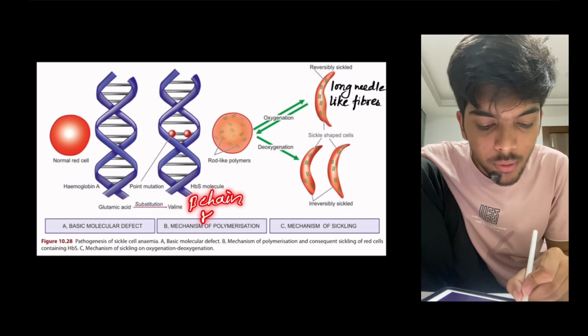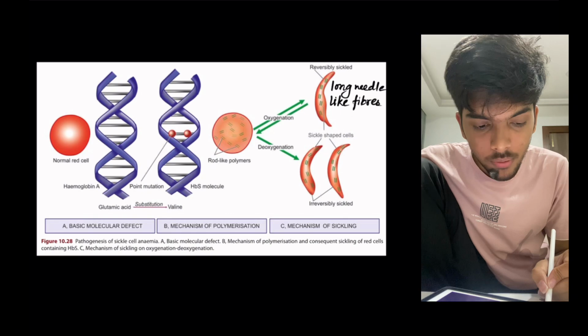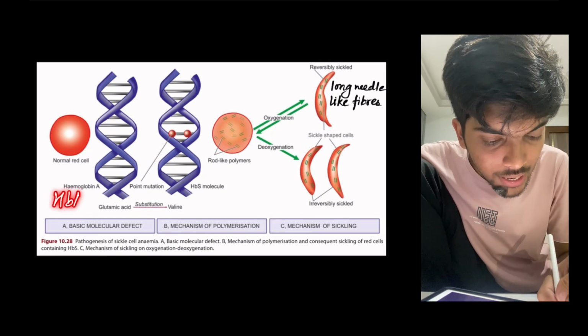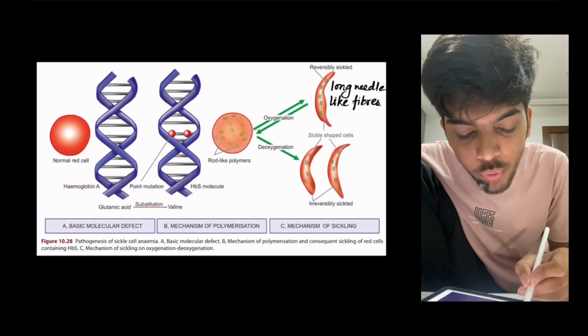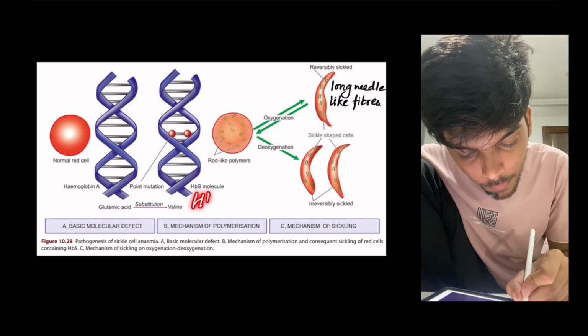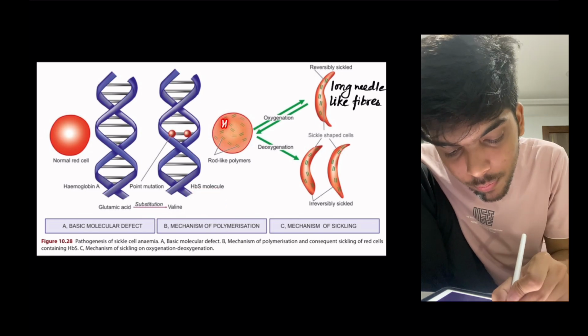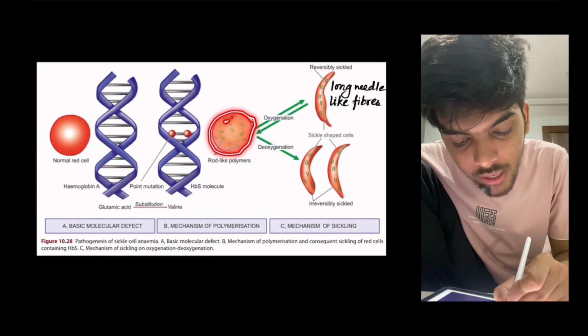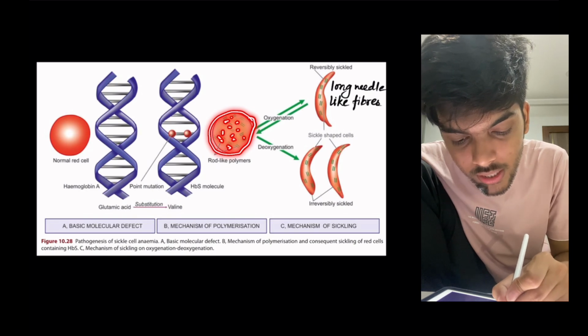As a result, the hemoglobin gets mutated. So the hemoglobin that is to be formed is the normal hemoglobin HbA, but due to point mutation, the hemoglobin formed for sickle anemia is HbS. This HbS is present inside the red blood cell.